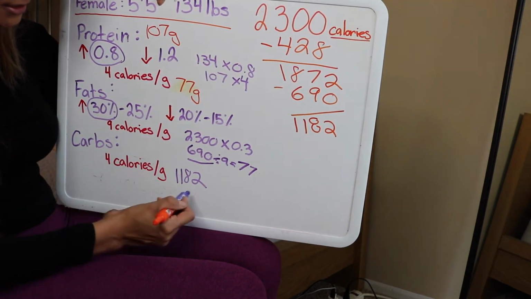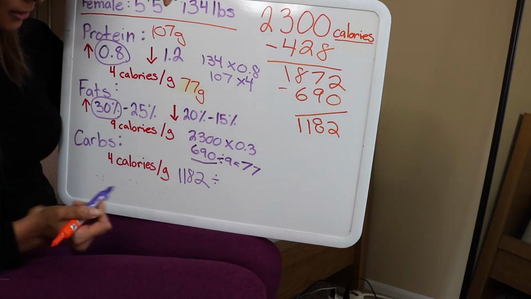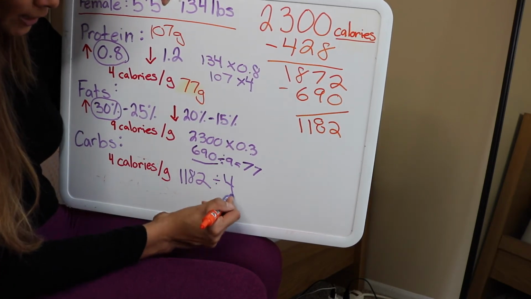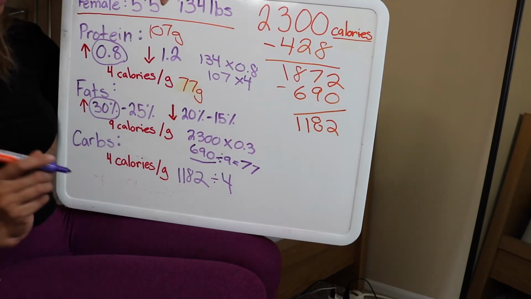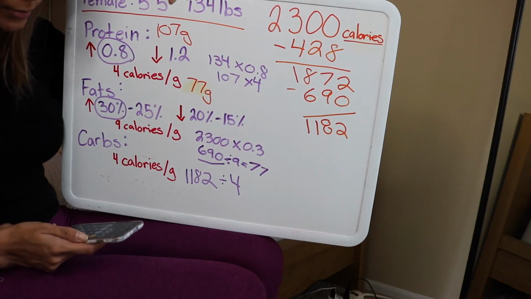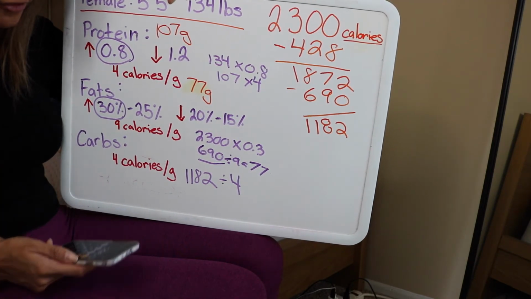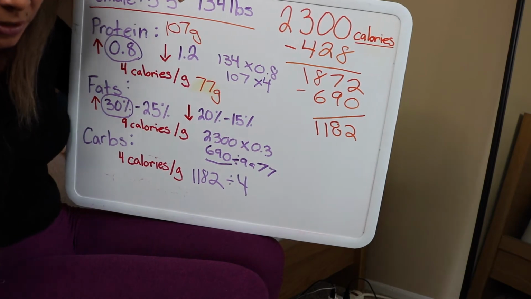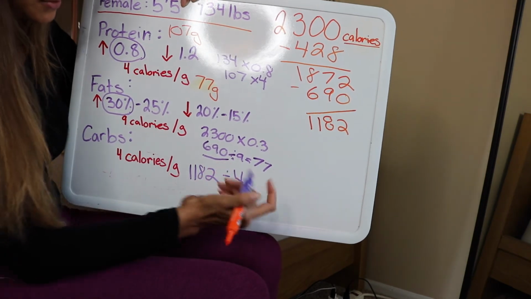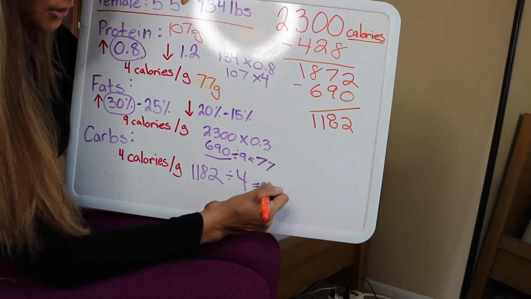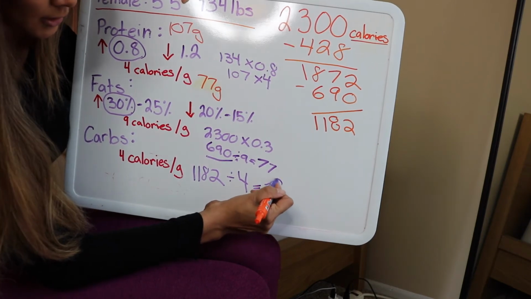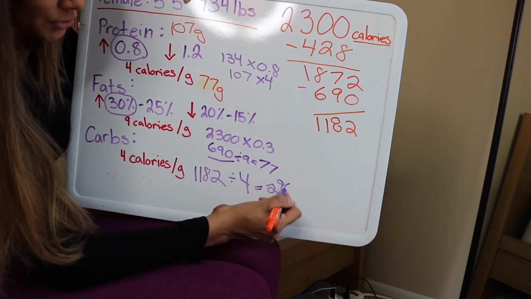I'm just going to take this and divide it by 4 because there are 4 calories per gram of carbs, and that will give me 295.5 grams of carbs. I'm just going to round it up to 296.